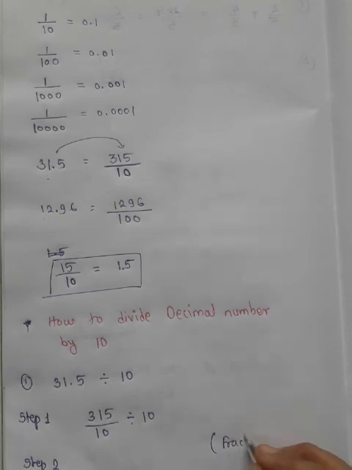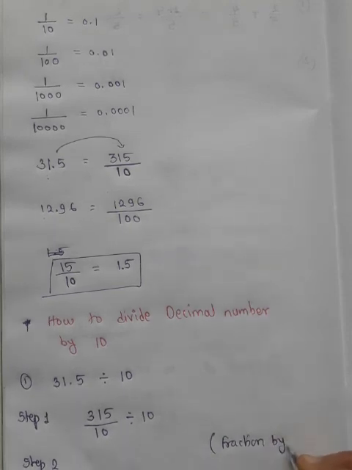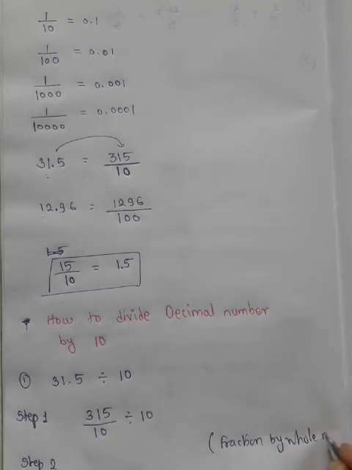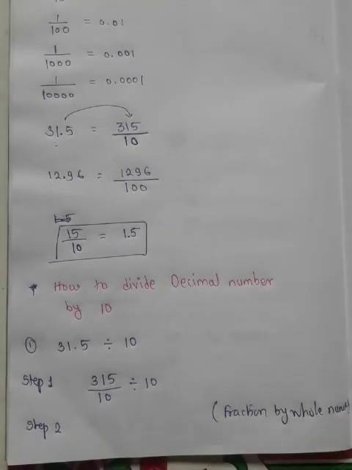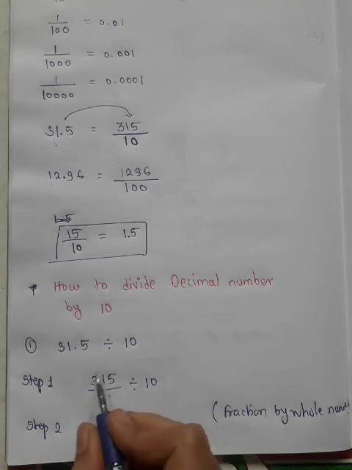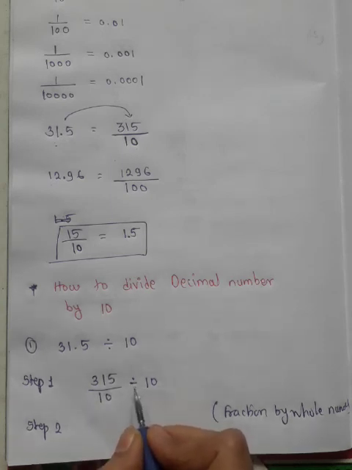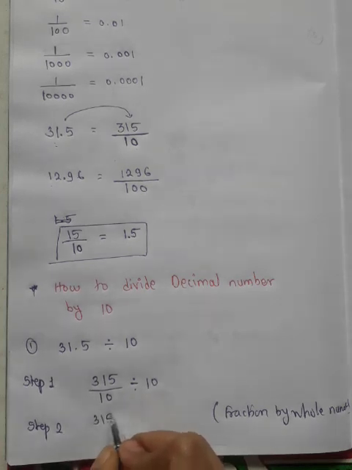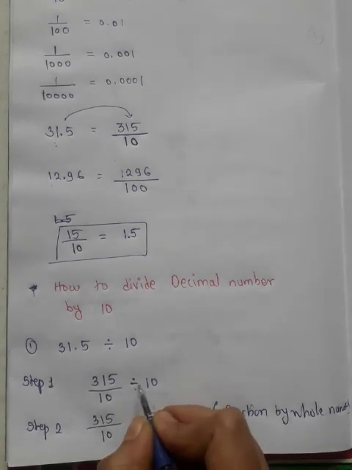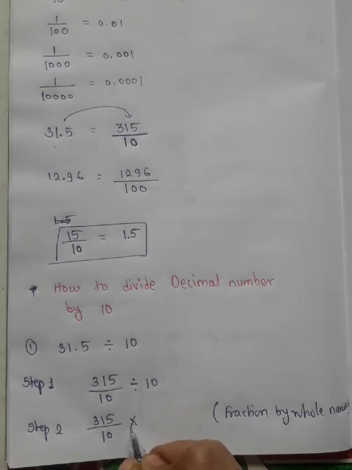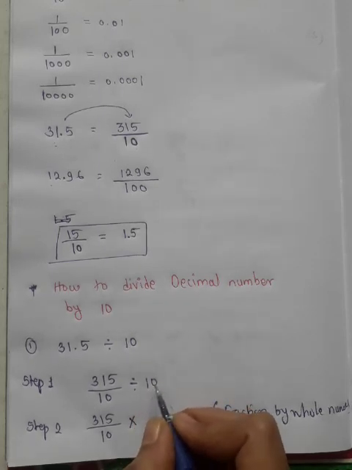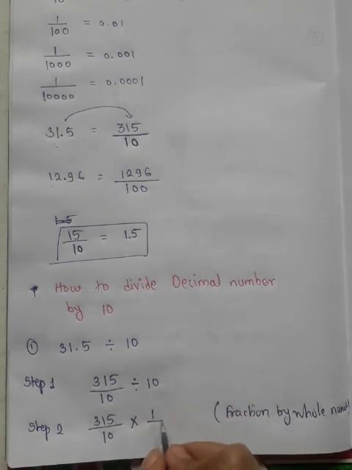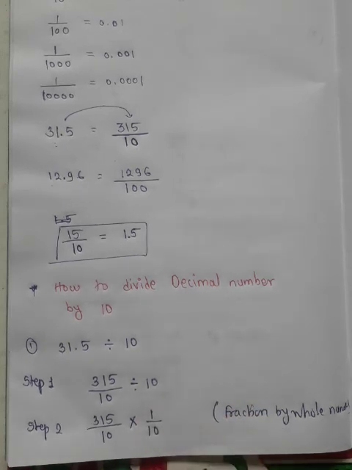Whenever we divide a fraction by a whole number, we put the dividend as it is, replace the division sign by multiplication, and write the reciprocal of this number. So what is the reciprocal of 10? The reciprocal of 10 is 1 by 10.